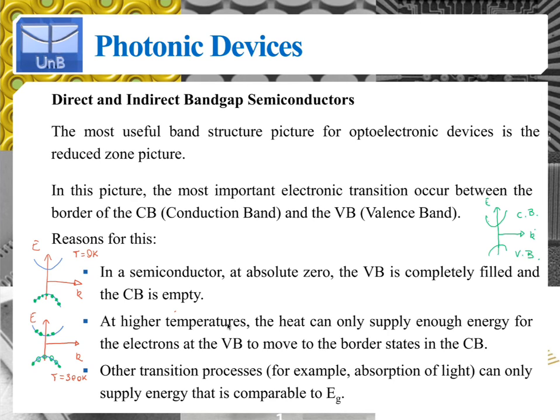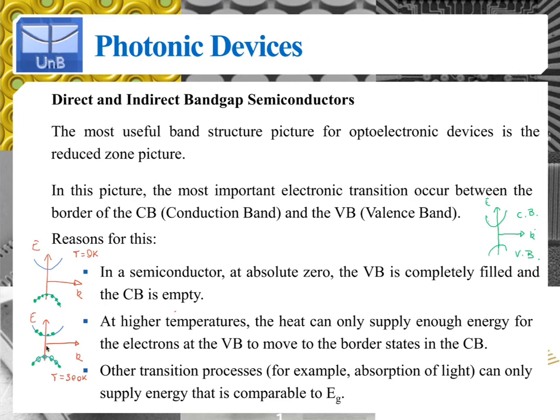At higher temperatures, for example at 300 K, the heat can only supply enough energy for some of the electrons of the valence band to move up to the border of the conduction band. So I've illustrated it here, where we see that a few electrons have moved up to the conduction band, particularly the electrons at the border of the valence band, because this requires the least energy, right?